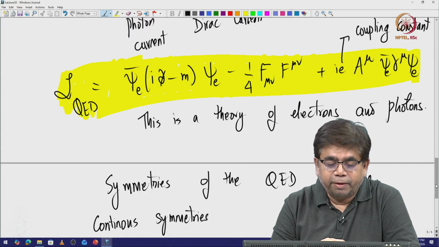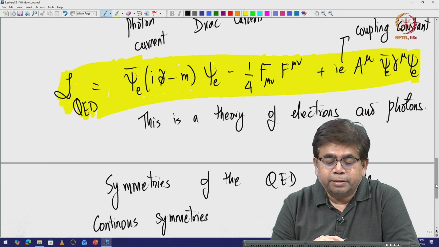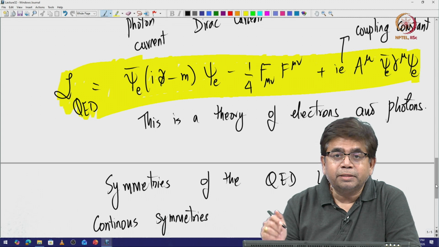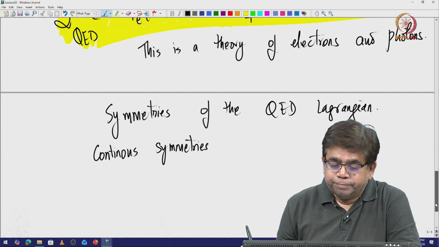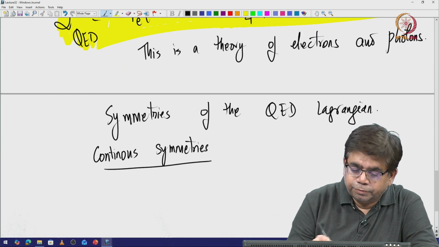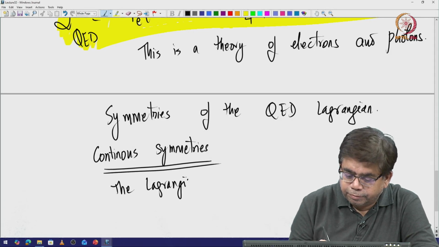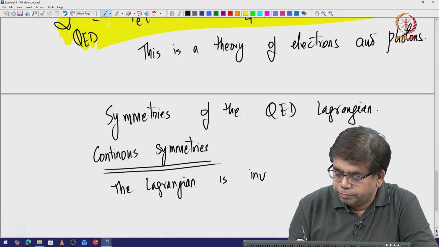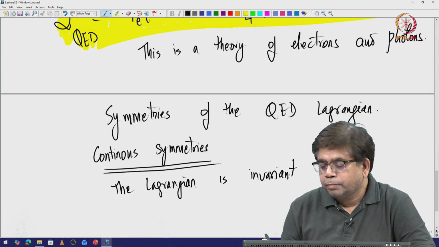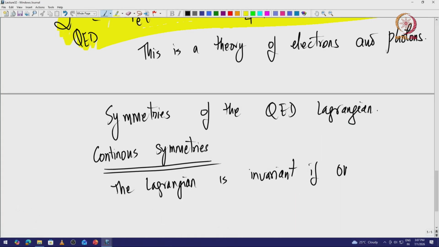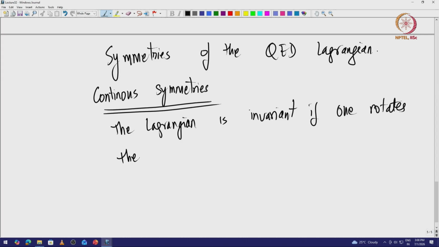Now what happens is if I rotate psi E fields by an arbitrary phase, the Lagrangian is invariant. Okay. The Lagrangian is invariant if one rotates the psi E field by an arbitrary phase.